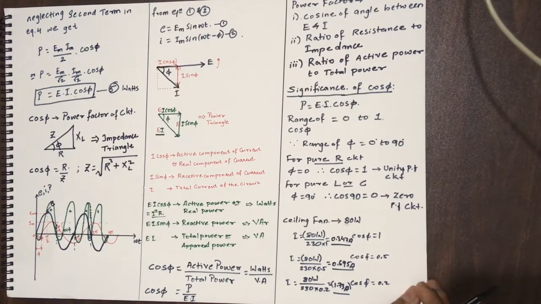In the next lecture we will see what happens when there is a series RC circuit. The analysis will remain the same. In the same lines we will take the analysis further, and there we will see what the phasor relation between E and I is, what the power consumption in the RC circuit is, and what the phasor diagrams and circuit components are. Thank you.